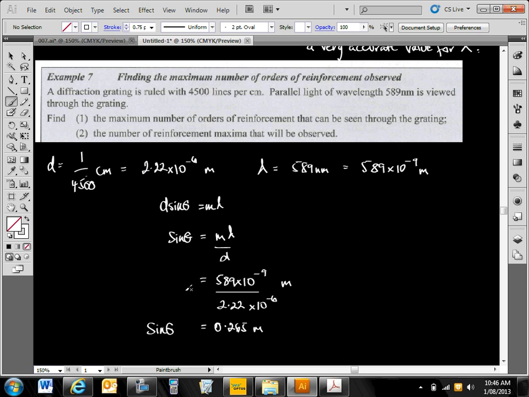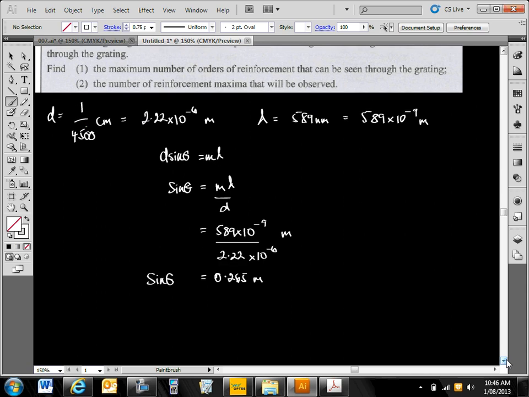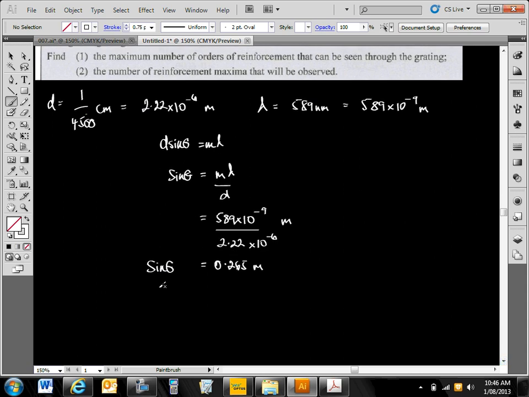This value here is important because I can say now, sine of theta is going to have to be less than or equal to 1, because where theta equals 90 degrees, we're not going to see anything.